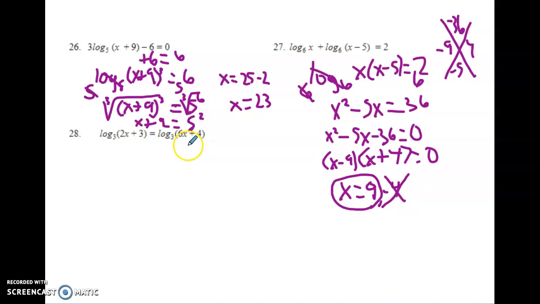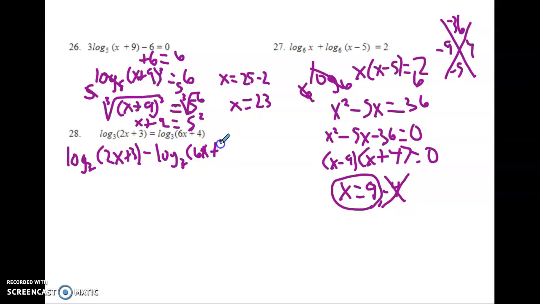We can't solve it unless there's just one log on one side. So I'm going to subtract this. So I get this log base 3 of 2x plus 3, minus, because I'm subtracting it from both sides, log base 3 of 6x plus 4.